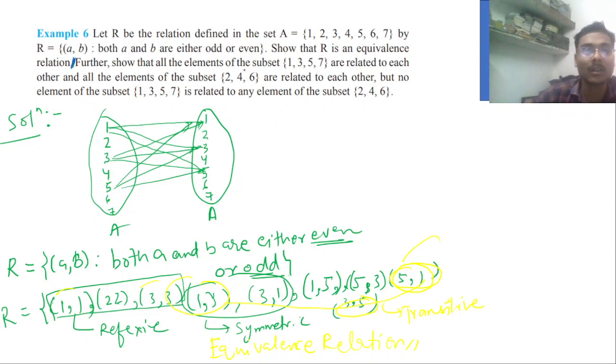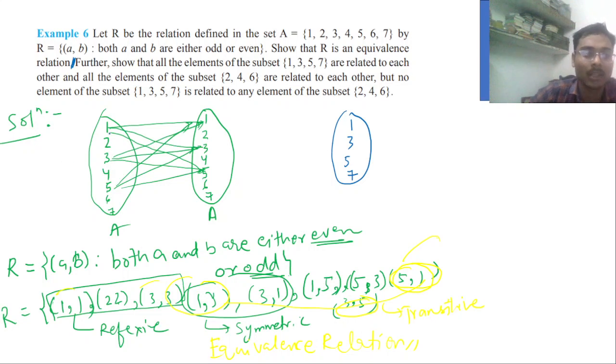Now further, the elements of the subset 1, 3, 5, 7 are related to each other, but not related to the elements of the other subset.